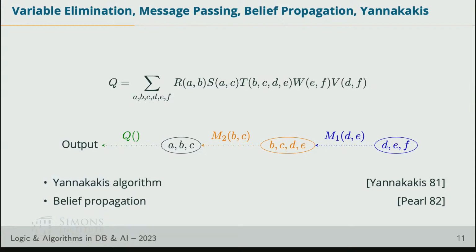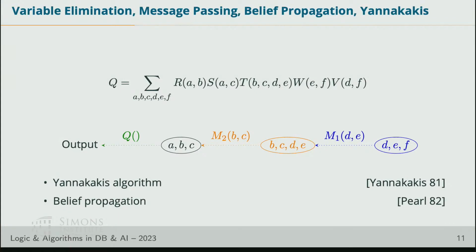And then the query plan is just to gather some of the input relations or input factors or input functions. You multiply them and marginalize away one of the variables like F, right? And the result of that is a message that is passed to the next node in the tree decomposition, the parent node. And then you compute the next subproblem and then send the next message up to the root. And eventually the output is computed from marginalizing away all the way A, B, and C.